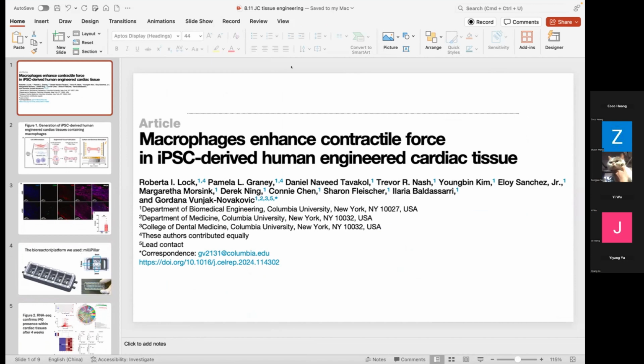We have had many human engineered cardiac tissue models before, but none of them has an immune component in it. So that's our innovation. The other innovation is that all of the components in our cardiac tissue model are derived from induced pluripotent stem cells, so it's more similar to an actual human tissue.